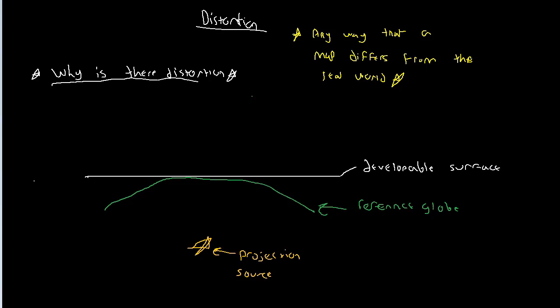Right, and what I mentioned before in one of the first videos was that this projection source is projecting light through the reference globe onto the developable surface.